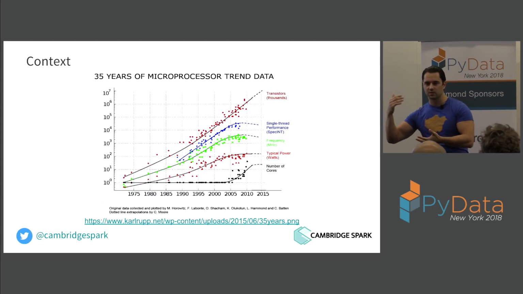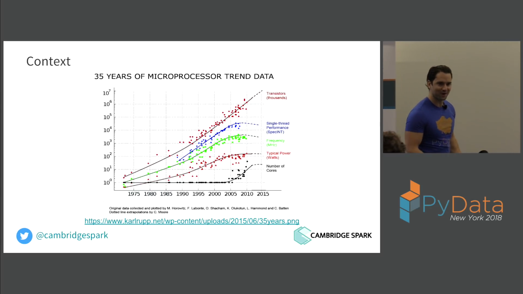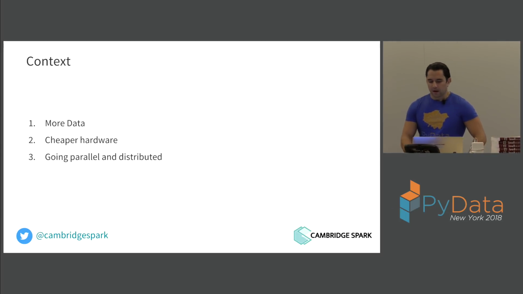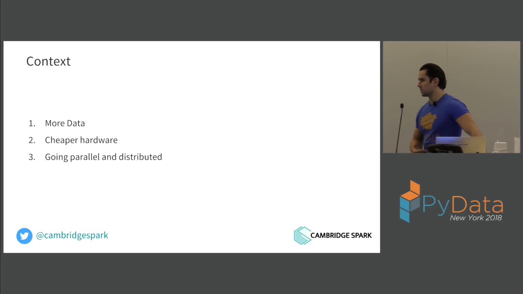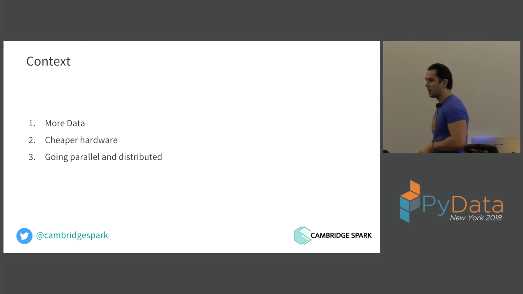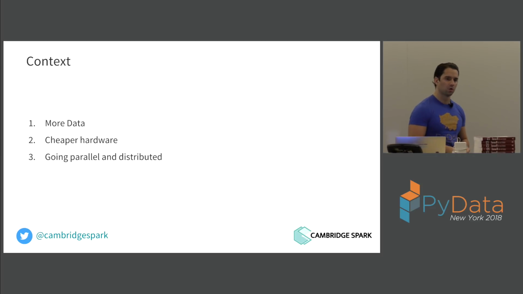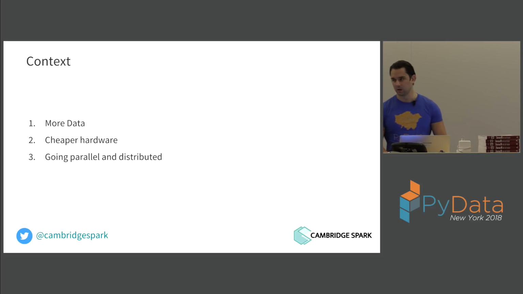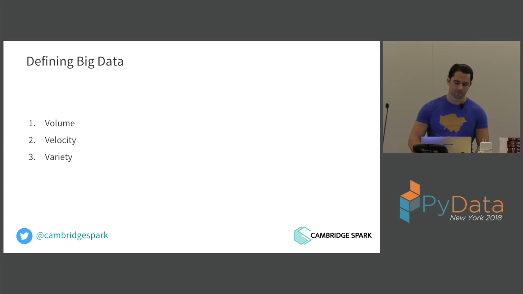So conceptually, it's the same idea, and that's something we have to work with as developers. And obviously, there are new technologies that are going to help us facilitate this work, whether it's multiprocessing or distributed processing. So the context we have is we have a lot more data, we have cheap hardware, but we're going to have to go parallel and distributed to exploit the latest hardware that we have.